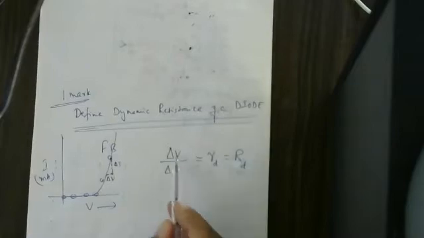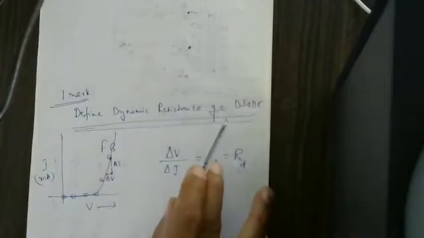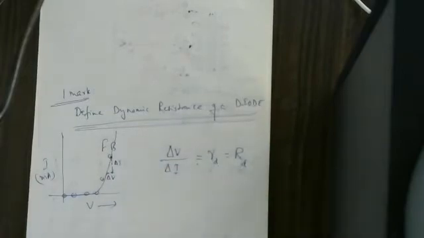So whenever you change some amount of voltage, there is a small change in the current. The applied voltage is delta V. The change in the current is delta I. The ratio between this voltage and this current is called the dynamic resistance of a diode. In the notes it is not properly mentioned. Be careful, there is a mistake in the notes.